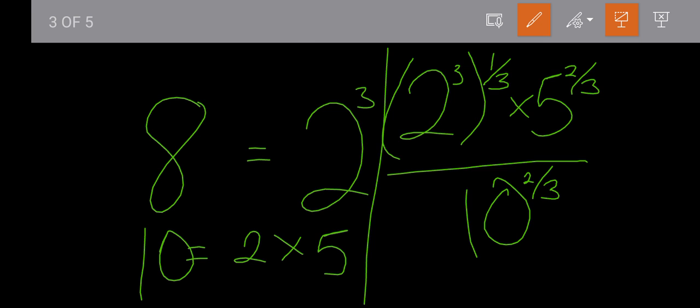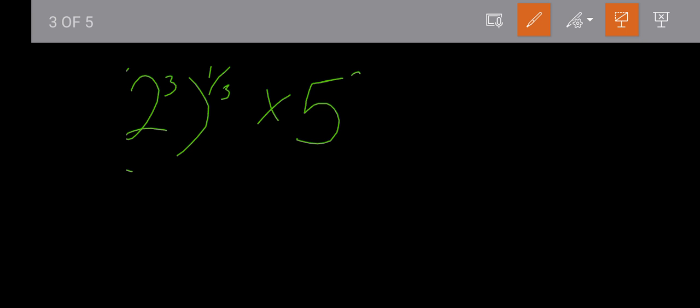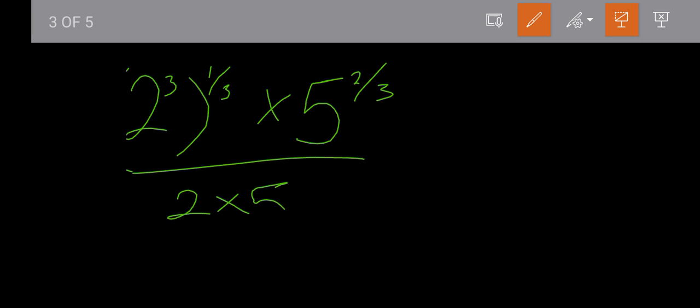So with that equation, I'm going to have 2 raised to the power 3 times 1 over 3 times 5 raised to the power 2 over 3 divided by 2 times 5 raised to the power 2 over 3. If I open the equation, remember that this is power index, and for power index, we multiply the powers together.